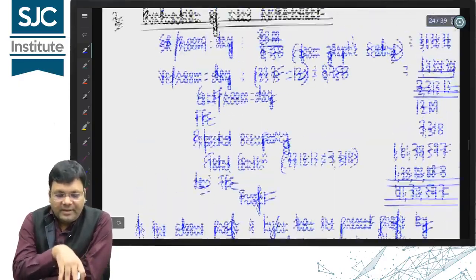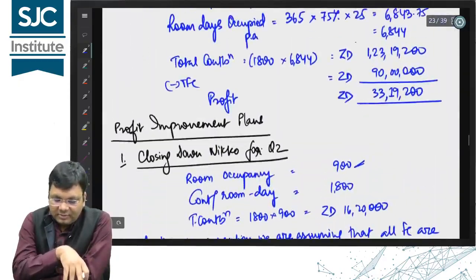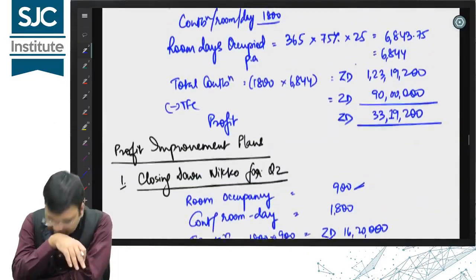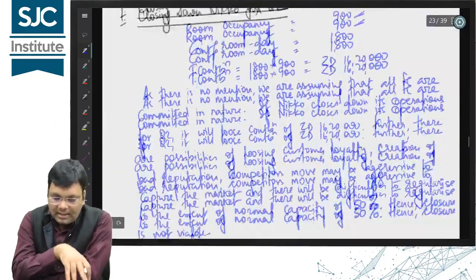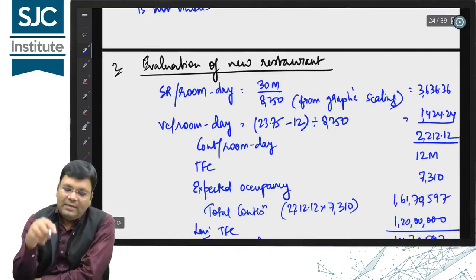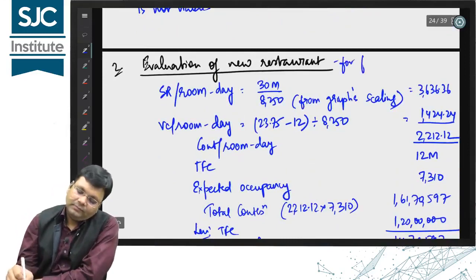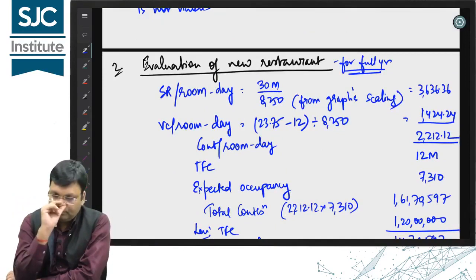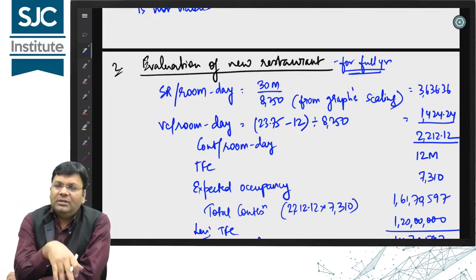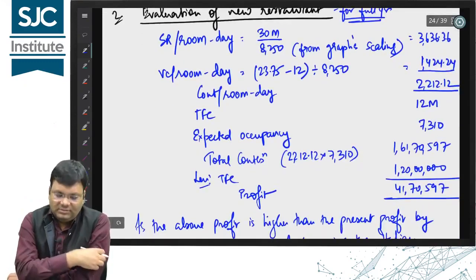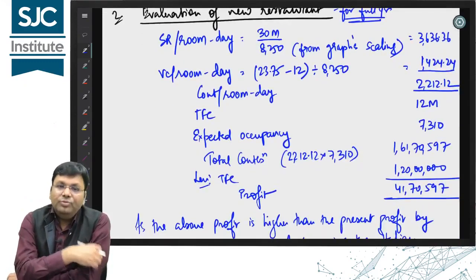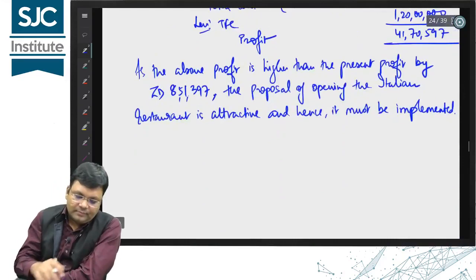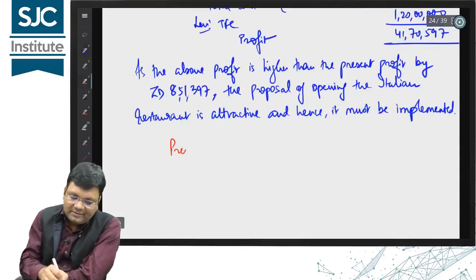So should we compare this with our shutdown option? There is no need, because shutdown is just for Q2 and this is for full annual evaluation. This is for the full year. So I think these two are independent scenarios, not mutually exclusive situations. It's like present versus closure.